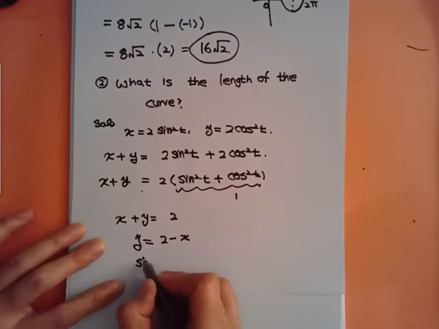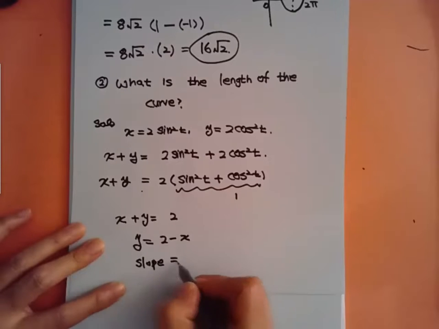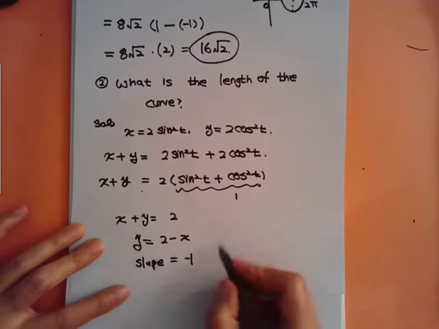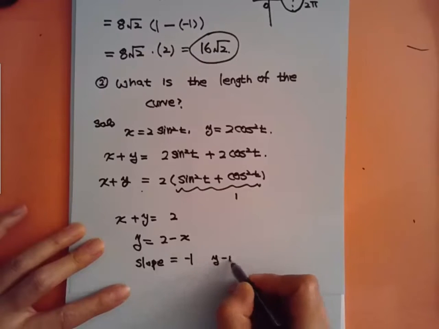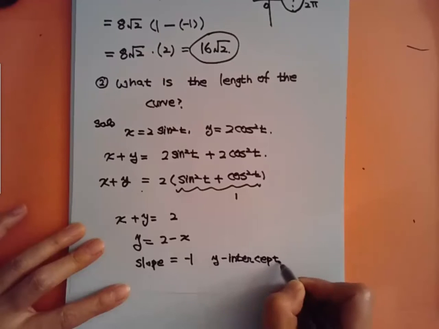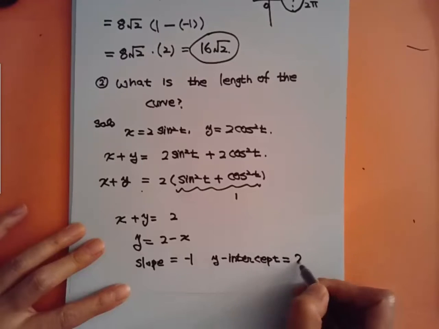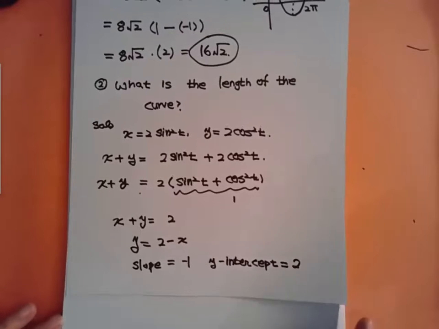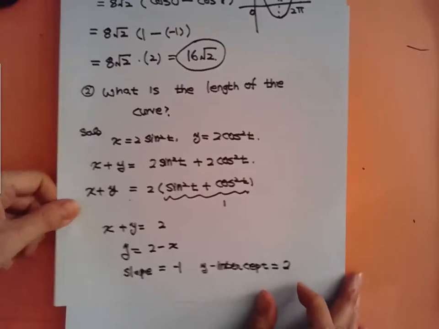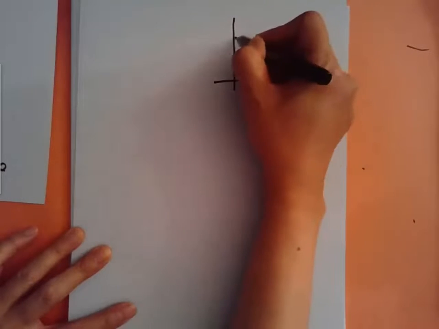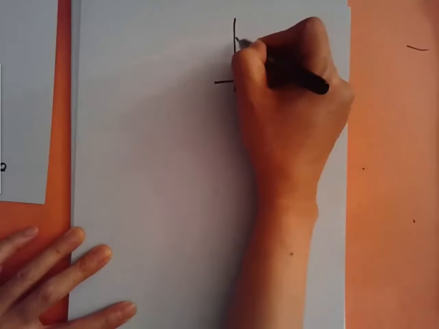We know that the slope is -1 because -1 is multiplied to x, and the y-intercept equals 2. Of course, the x-intercept must be 2 also. So we end up graphing this line segment.